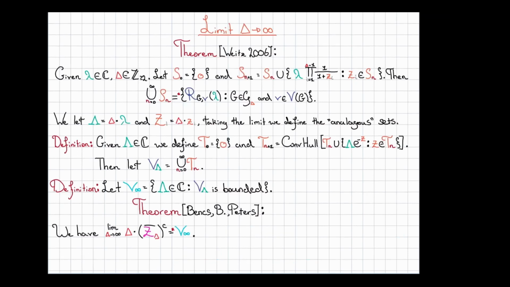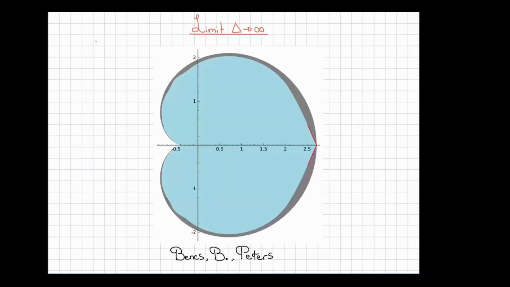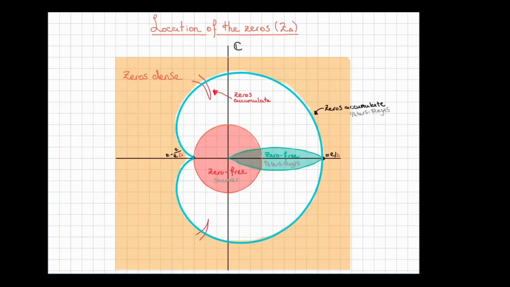Let's look at the complement, the zero free region. I think it's known that any connected component must be simply connected. So you cannot have a zero free region with a hole where zeros accumulate inside.